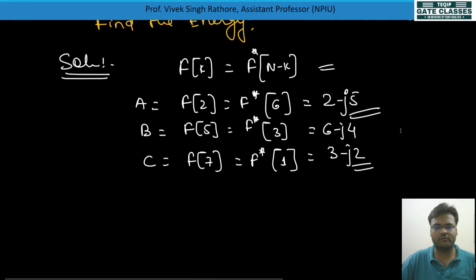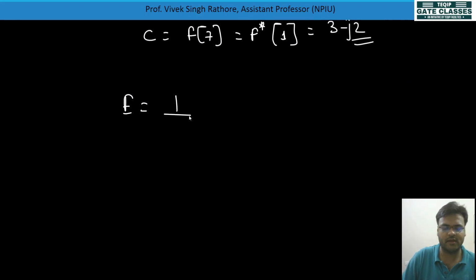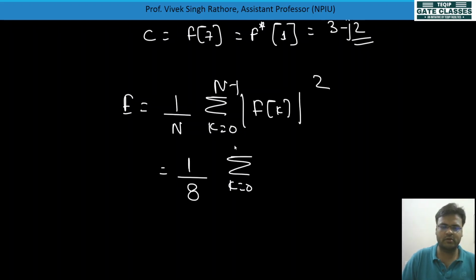Now what we need to find is the energy. So the energy formula, we know, is 1 by n, summation k equal to 0 to n minus 1, mod of f of k, squared. See, 1 by n is given, 1 by n is 1 by 8, right? Summation of k is equal to 0 to n minus 1.